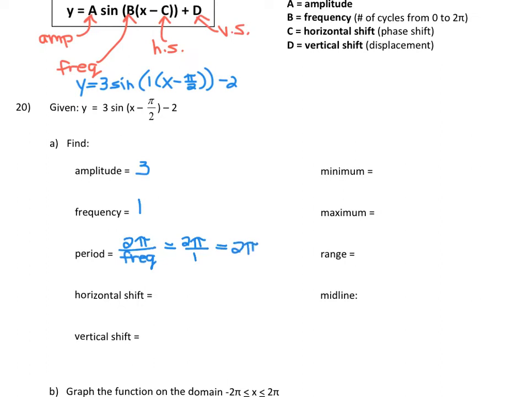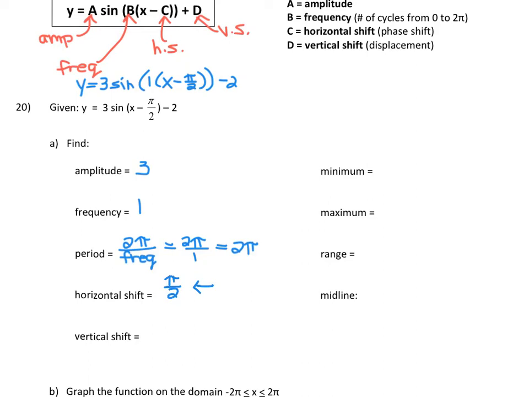Okay, now, the next thing says the horizontal shift. Now, if you look up here, it says x minus the horizontal shift. So x minus, that means the horizontal shift is pi over 2. And I'm just going to explain what this means.